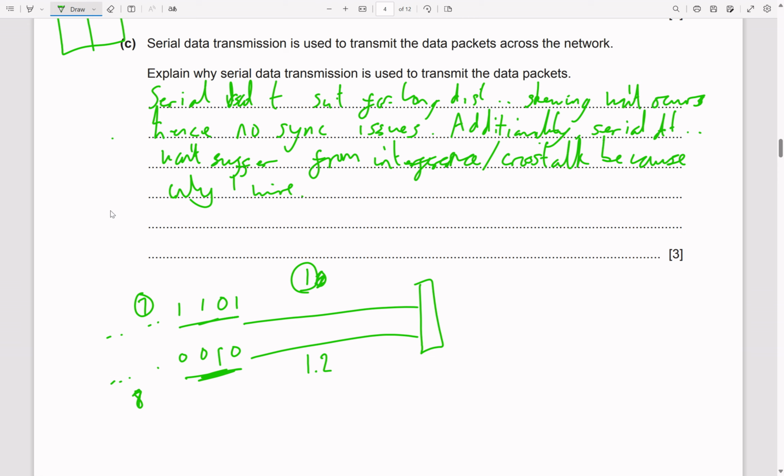And maybe we can also mention the price or the speed. Of course it's going to be slower than parallel, but the speed is reasonable, and the price is cheaper than parallel too.